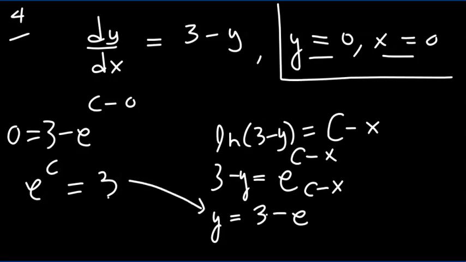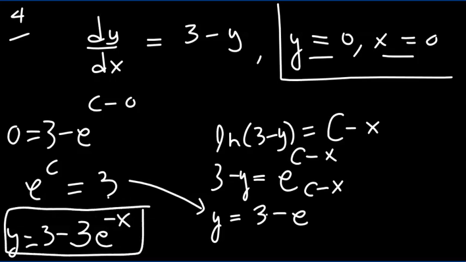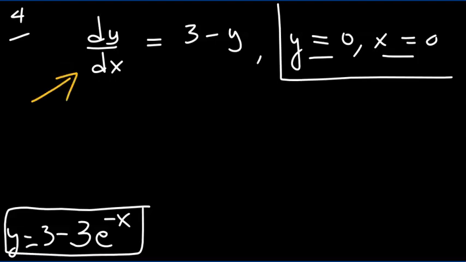Substituting back this information in here, we get y equals 3 minus 3 e to the power minus x. So this is the particular solution of this first order differential equation under this set of conditions. Such a condition is known as initial conditions.